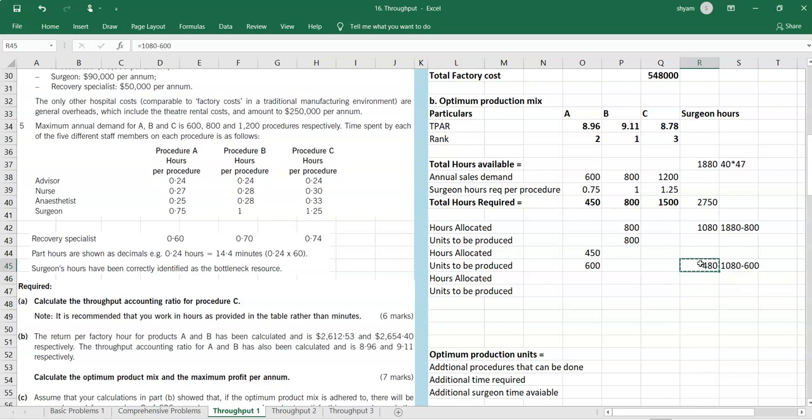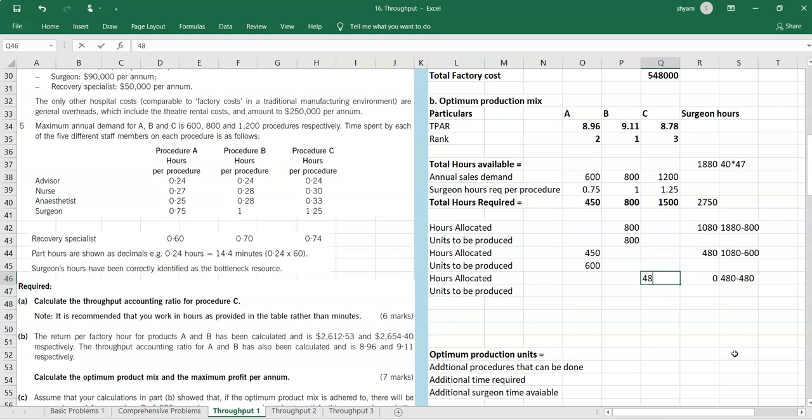So this 480 hours we can allocate fully to C, and the available hours become 0.